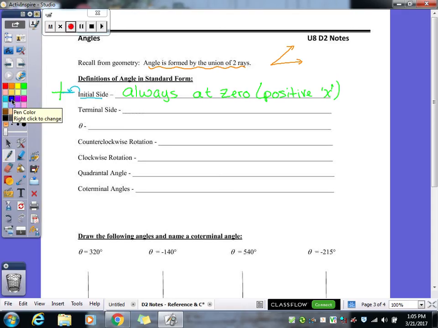The terminal side is the other side of our angle. So your terminal side could end up in any of your 4 quadrants depending on how large your angle is. So to draw a little picture, let's say we had an angle like this.